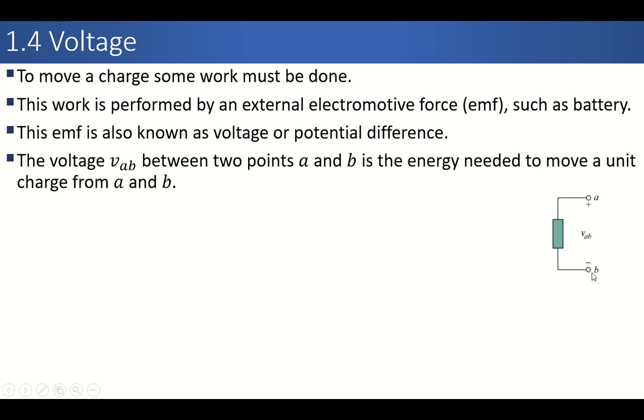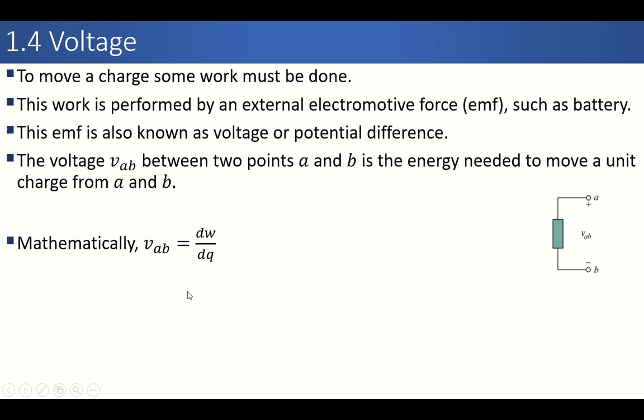Obviously we cannot do that without any expense of energy. So the energy needed in moving this certain charge from point A to point B is known as the potential difference or voltage between points A and B.